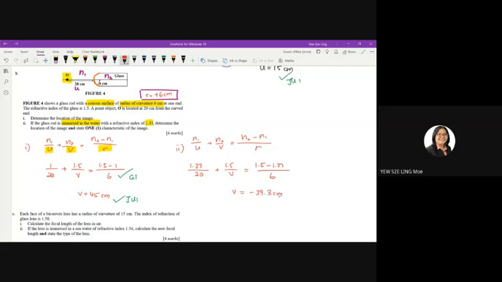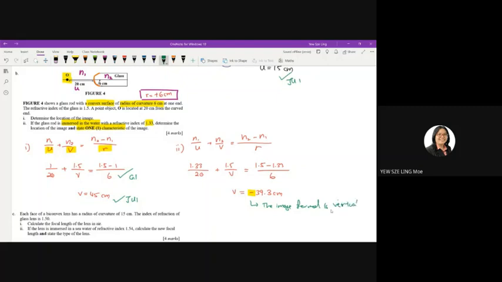So that is the location of the image right now. But that is not the end yet, because the question asks you to state one characteristic based on the value you obtain. So by looking at the value, you got a negative V. So the easiest way to describe it is a virtual image. Okay, the image formed is virtual.